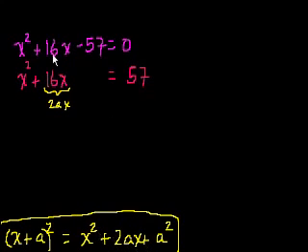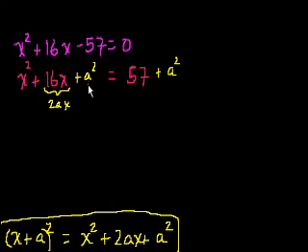And then we need to add an a squared to it, and then we would have the form here. But we know from basic algebra that anything you do to one side of an equation, you have to do to the other. So we added an a squared here, so let's add an a squared here as well. And now you could essentially rewrite this as a square of some expression.